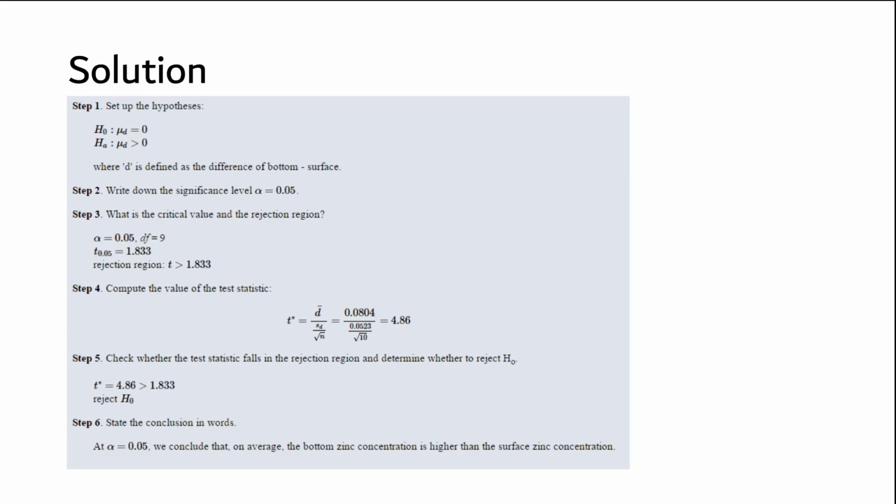We can get this conclusion because in step 1, we defined d as the zinc concentration at the bottom minus the zinc concentration at the surface. When we reject the null hypothesis, it means there is a higher zinc concentration in the bottom water than in the surface water. That gives us mu d more than 0.